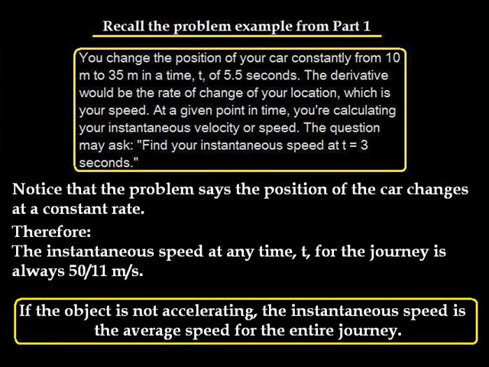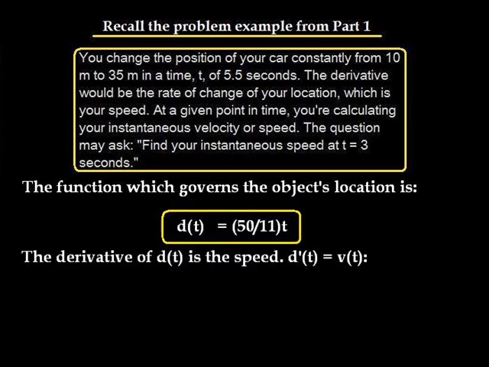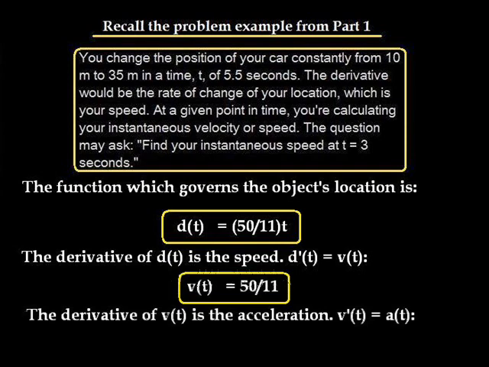So we're going to show you a few equations and the derivatives. Here we have the function of distance. So d of t equals 50 over 11 times t. The derivative of the distance function is the speed, v of t. And this is equal to 50 divided by 11, which is a constant.